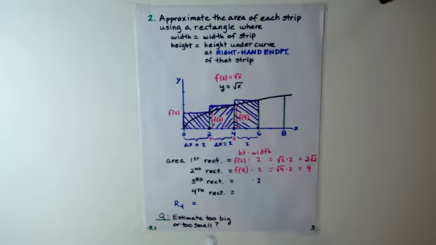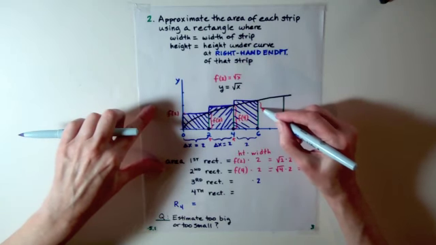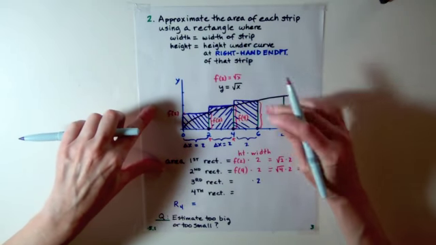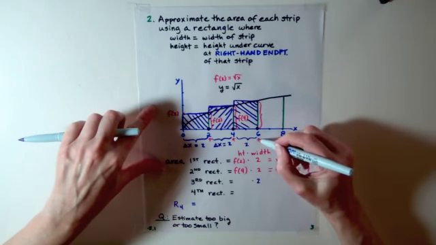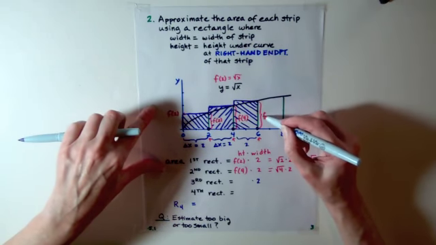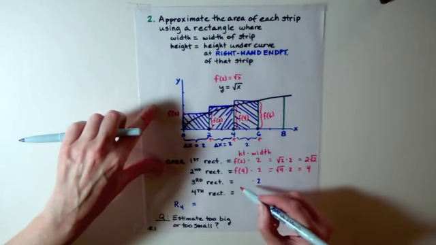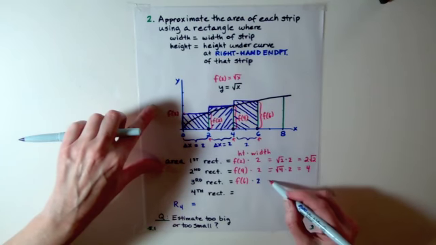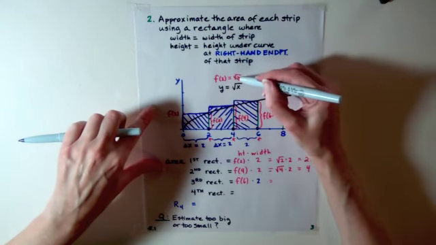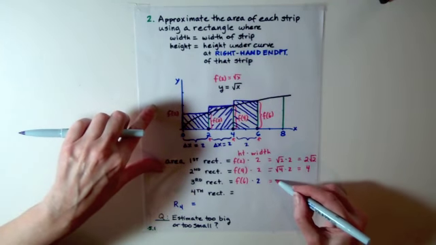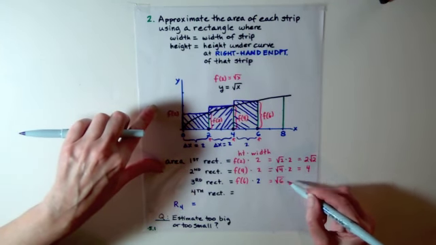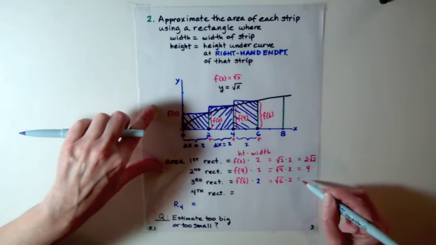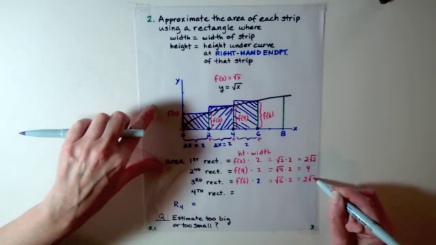And how do I figure out the height of that third rectangle? Well, it's the same as the height underneath the curve at an x value of 6, so that would be f evaluated at 6. So my third rectangle would be f of 6 times its width of 2. f of x is square root of x, so that would be square root of 6 times 2, or we'd probably write that as 2 root 6.